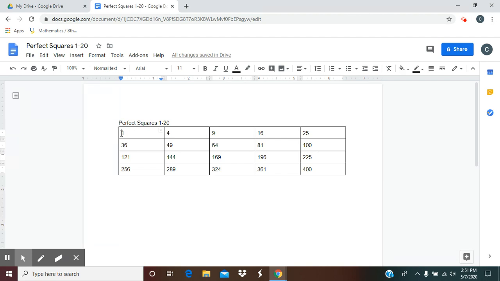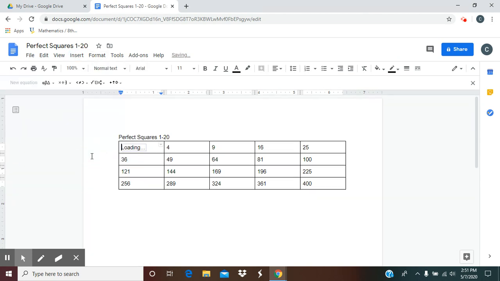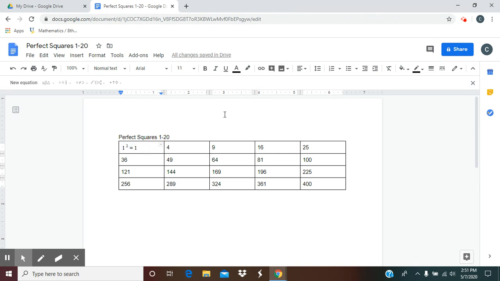So for example, you might in your chart replace this with 1 squared equals 1 and go through and write them out that way. I don't do it that way because I already have that part memorized, but because really whenever we're trying to factor, using simplifying square roots like I'm about to teach you how to do, you really just need this number to start off.